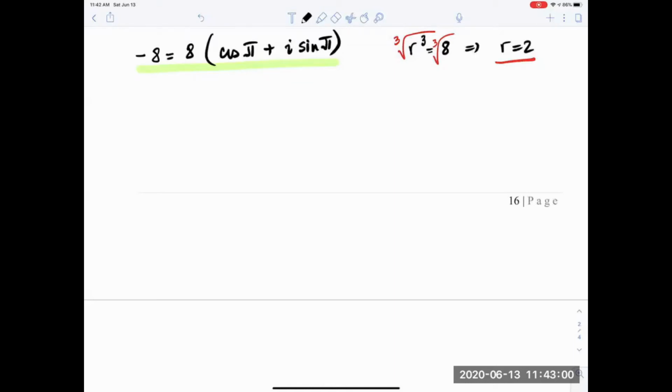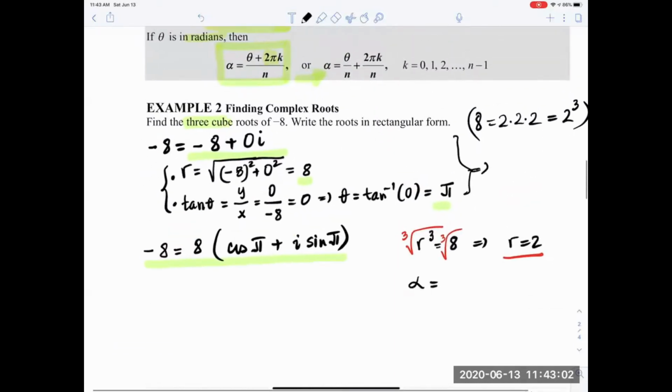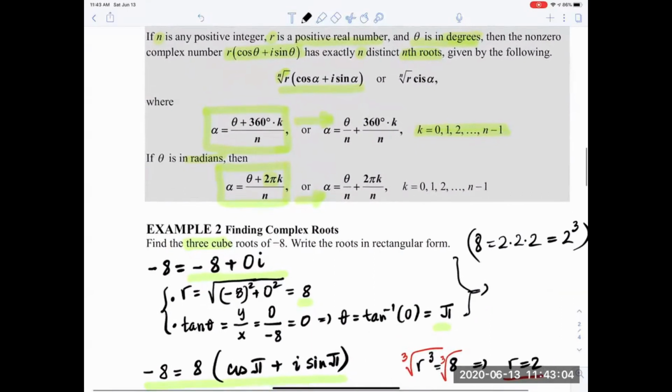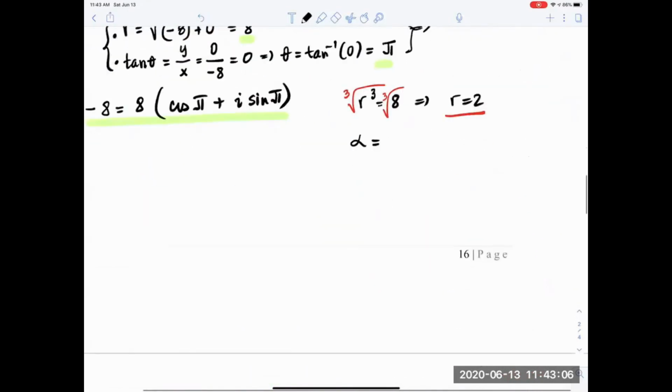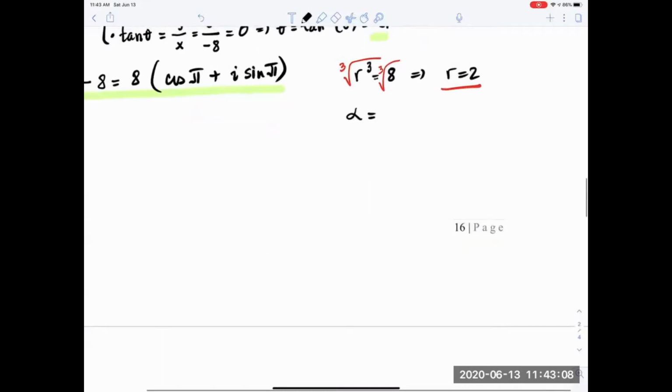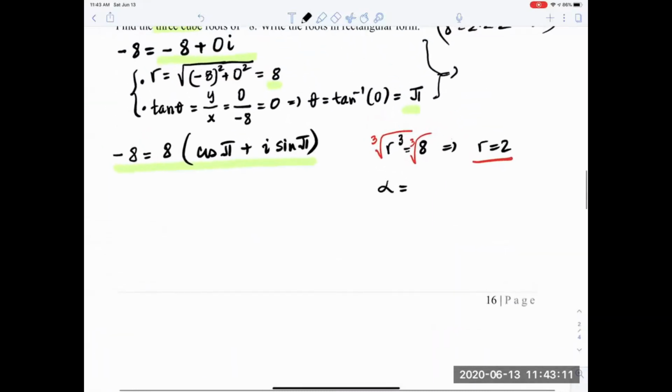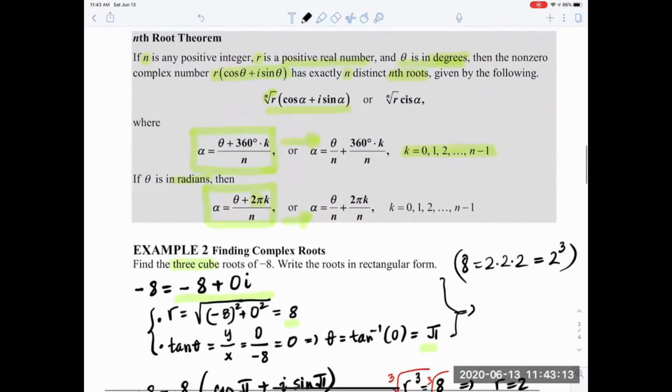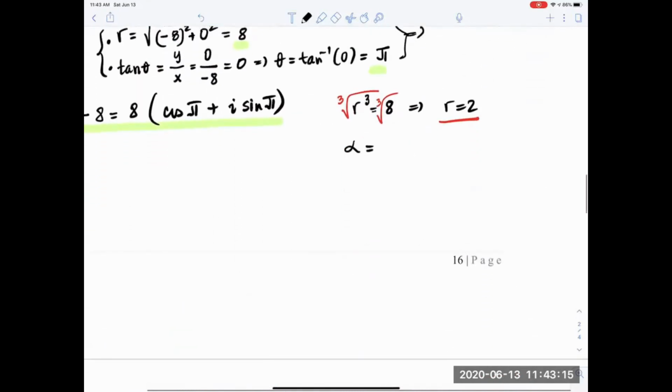Okay, and then alpha. We have the root of order n of r. We wrote it down, the root of order 3 of, in our case, r to the 3, which was 8.